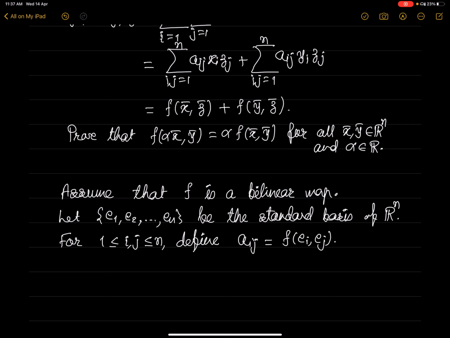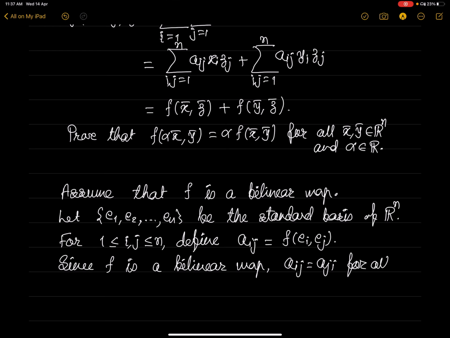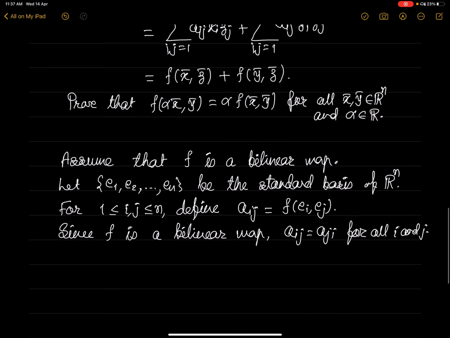So since f is symmetric, what we are going to get is Aij equals Aji for all i and j. So now our task is to show that f is linear in the first coordinate, and then we are done. So let us do it.